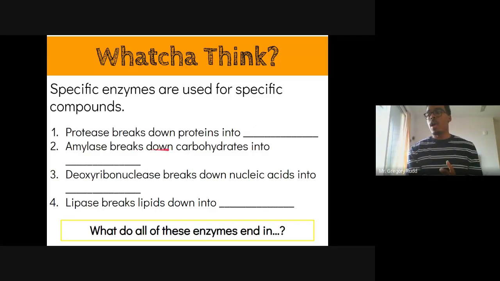Amylase breaks down carbohydrates into what? What should be in this blank? If I'm breaking down a carbohydrate, what should it turn into?